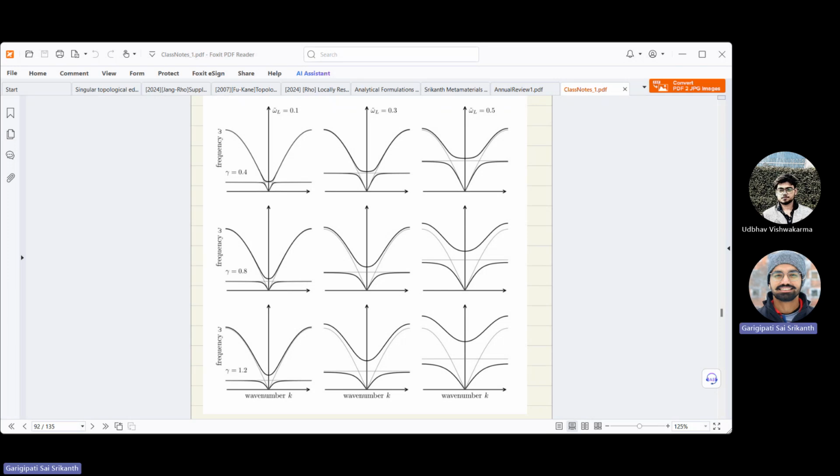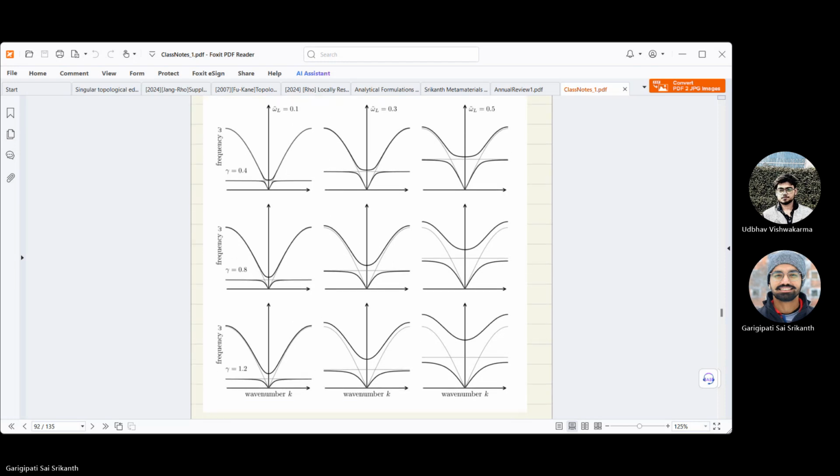I hope the screen is visible. So what we see here is that this is the local resonant gap, right?